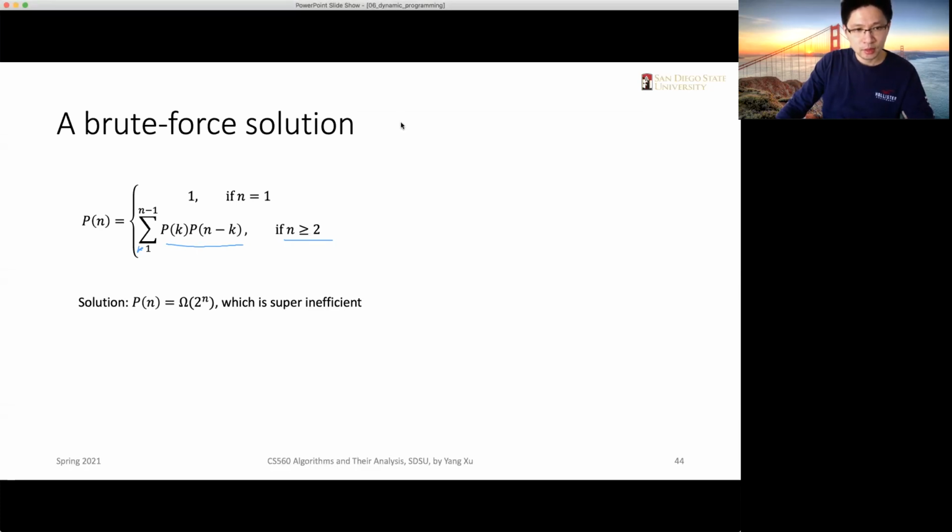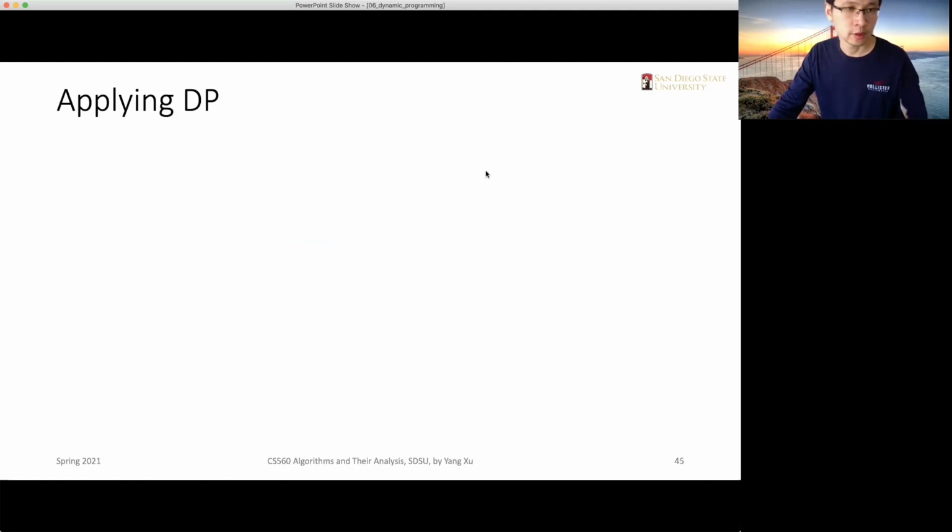From this equation, what we can get is that the solution is an exponential function, similar to the rod cutting problem, if we solve it in a brute force way, which is definitely not the way we're gonna take, because it's simply infeasible to go through all solutions.